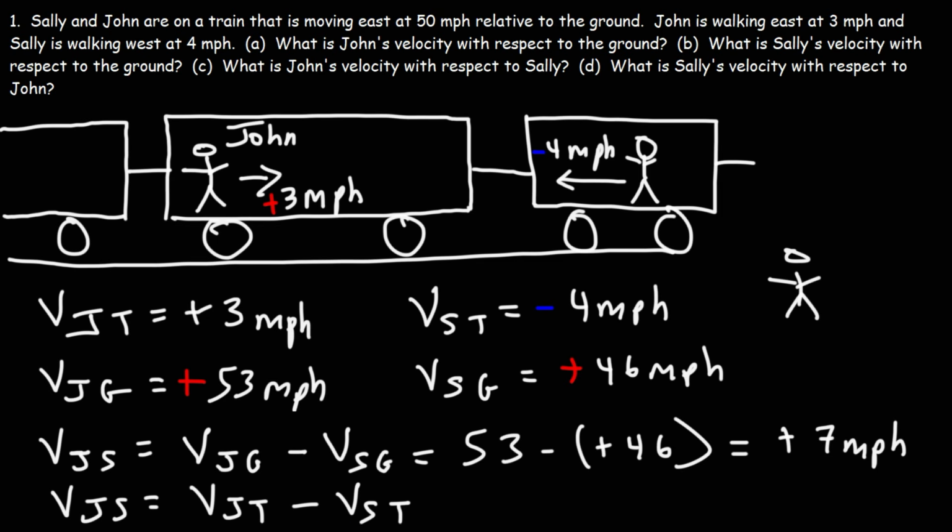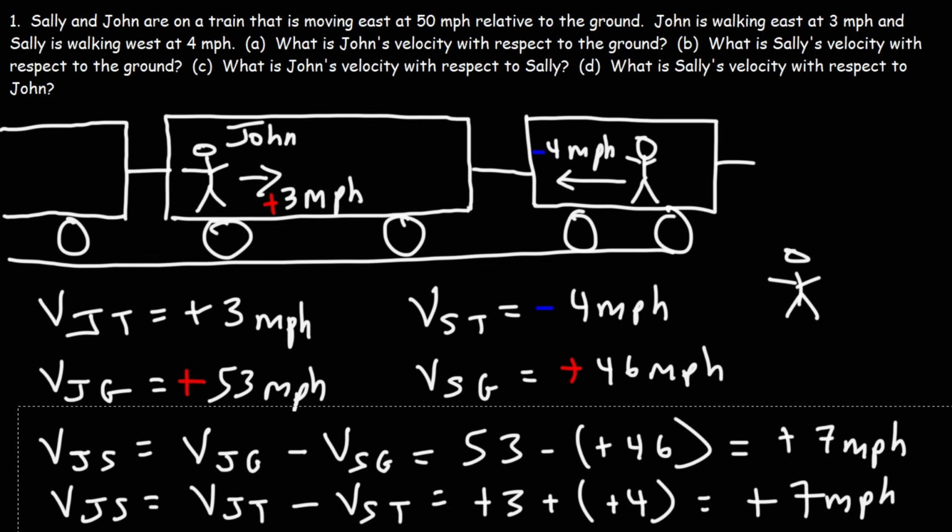It works the same as long as we use a common reference frame. So VJT, that's positive 3, minus VST, which is negative 4. 3 minus negative 4 is the same as 3 plus 4, and it gives us positive 7 miles per hour. So that is John's velocity with respect to Sally.